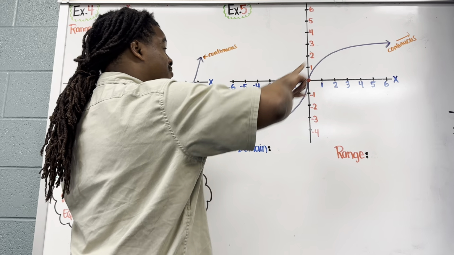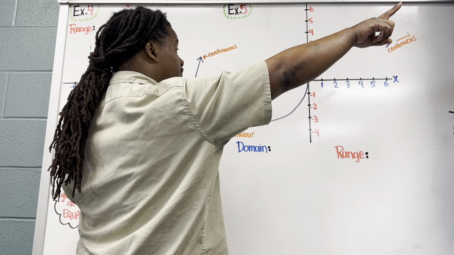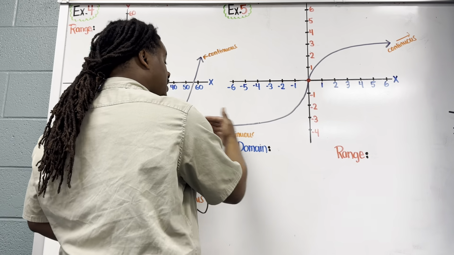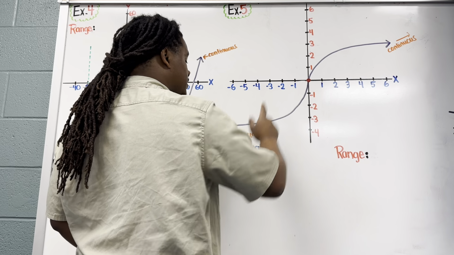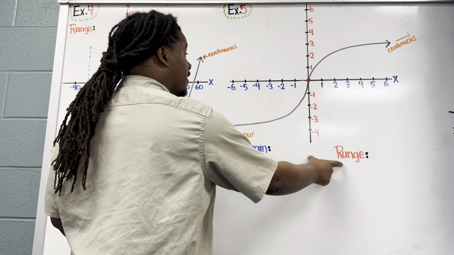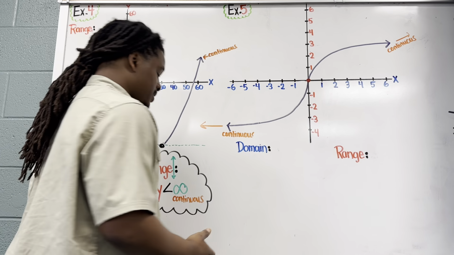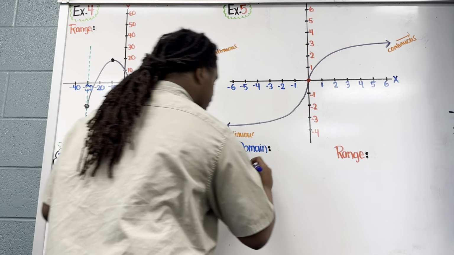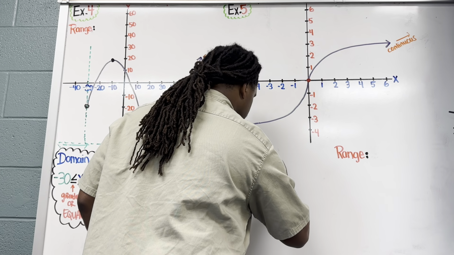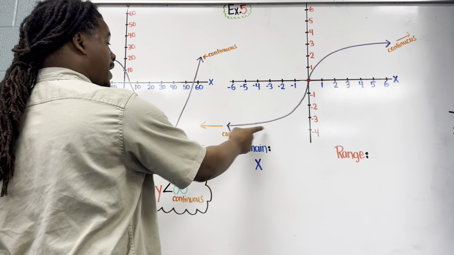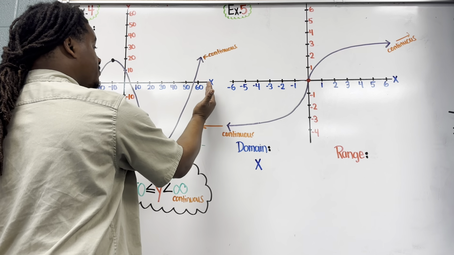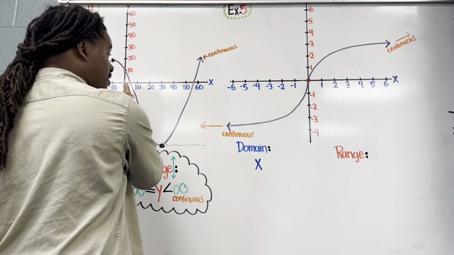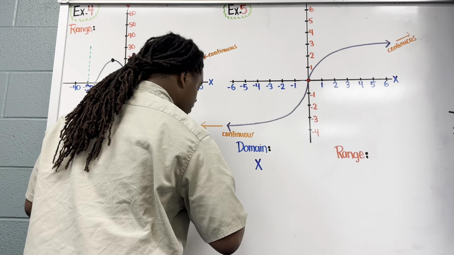So whenever we have two arrows that are continuous, whether we're going to the left or we're going to the right, that means that the domain and the range are all real numbers. Because look at the domain. Okay? I can continue on, and I can continue to be negative, negative, negative until I become negative infinity, right?